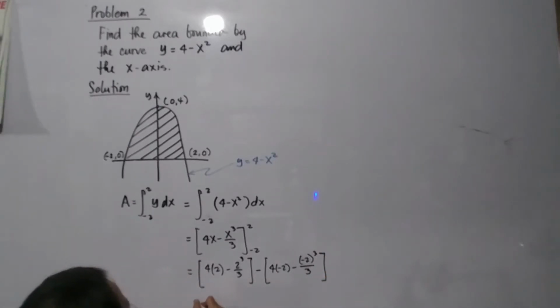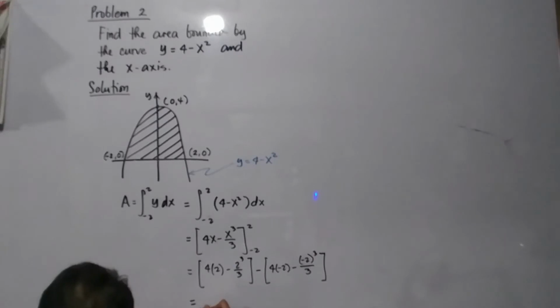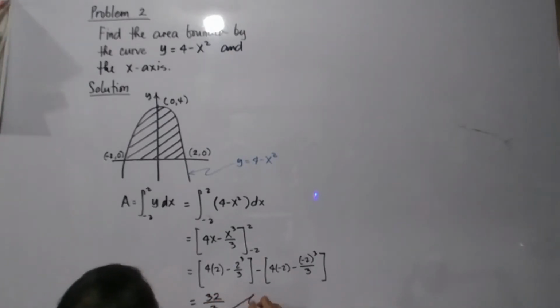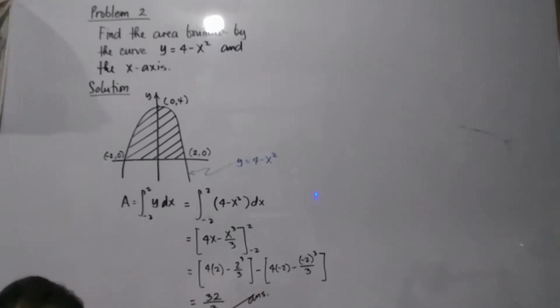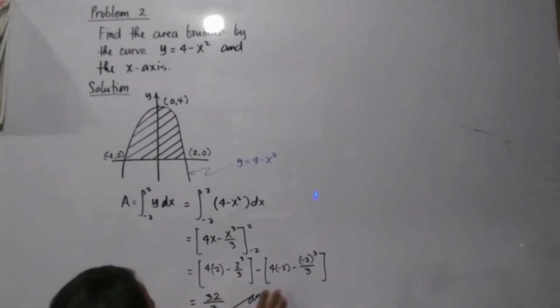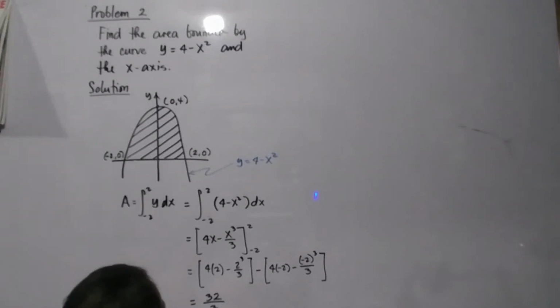When you simplify that, you have now 32 over 3 square units.